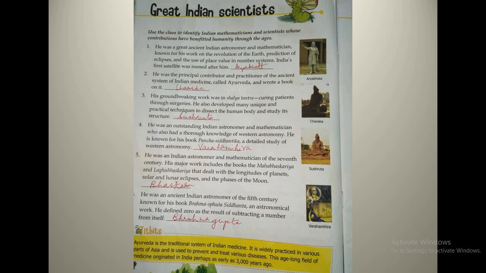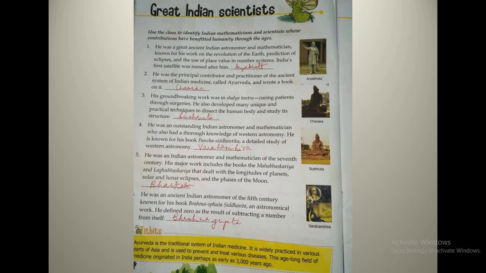Now this astronomer is from the 5th century and he is famous for his book Brahma Sphuta Siddhanta. He defined zero: if we subtract any number from the same number, then the result would be zero. He gave the definition of zero like that. His name is Brahmagupta. Brahmagupta.